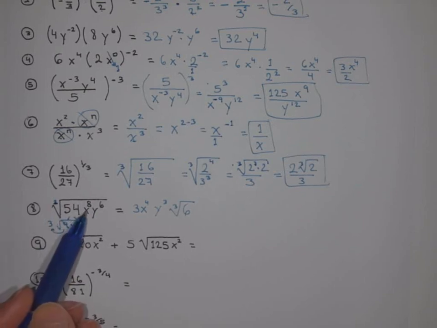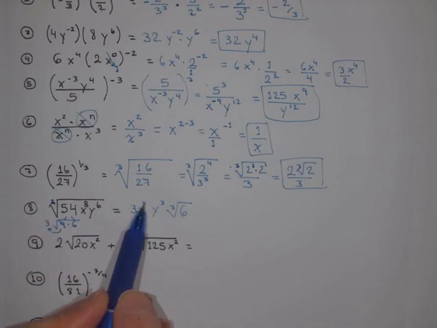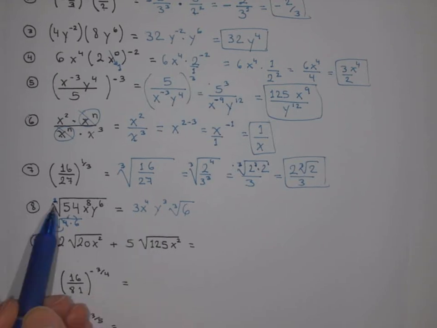We don't know what x is, but we don't have to worry about it because even though it's inside the square root, when it comes out, it's still going to be to the 4th power. So if x is a negative number to an even power, that's still going to become a positive value. However, the y was inside the square root.